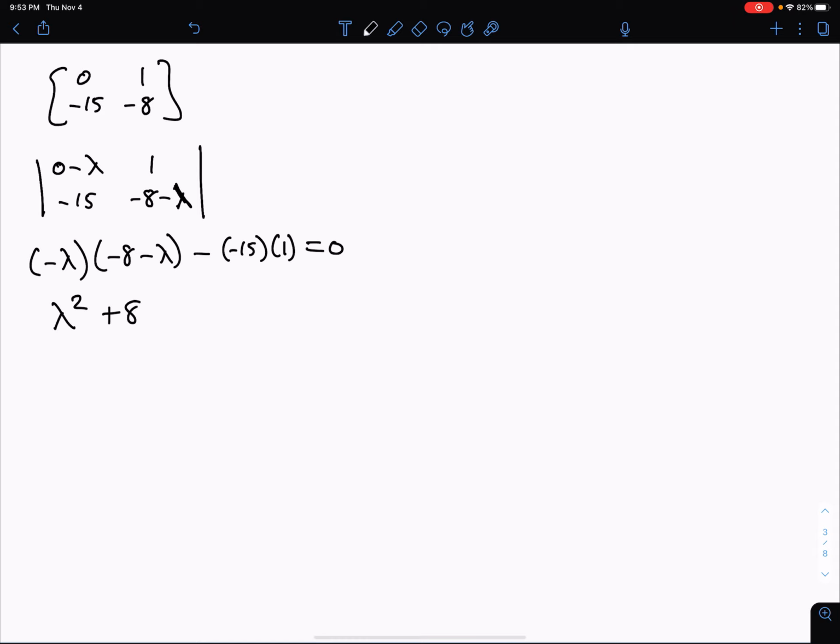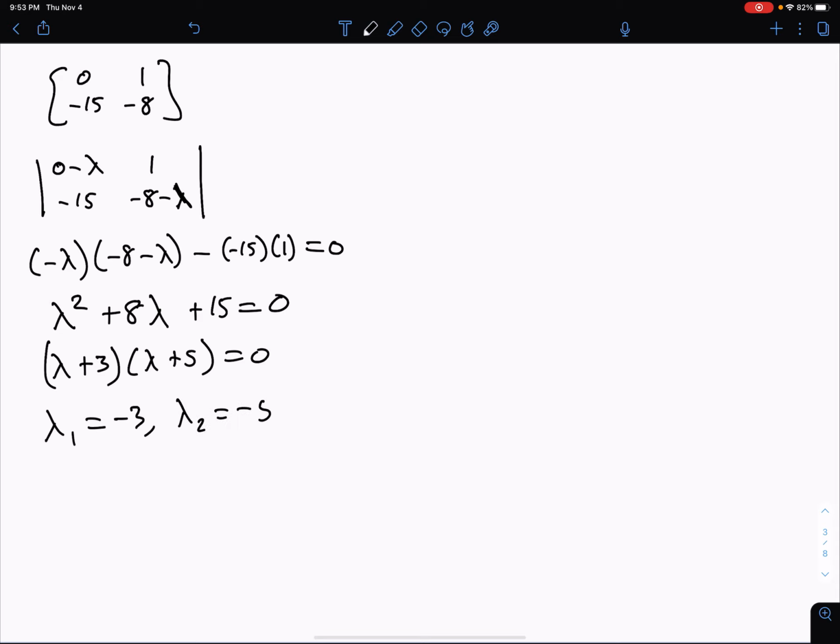That gives lambda squared plus 8 lambda plus 15 equals 0, which factors into lambda plus 3, lambda plus 5 equals 0. So there are our two lambdas: lambda 1 is -3, and lambda 2 equals -5.